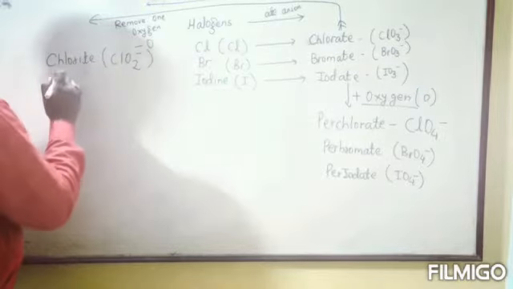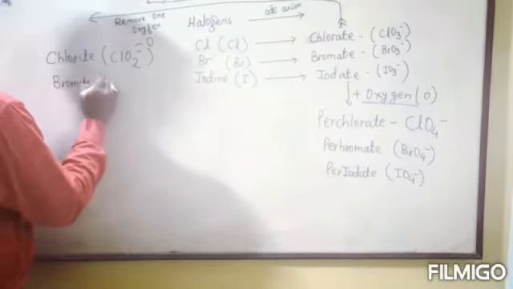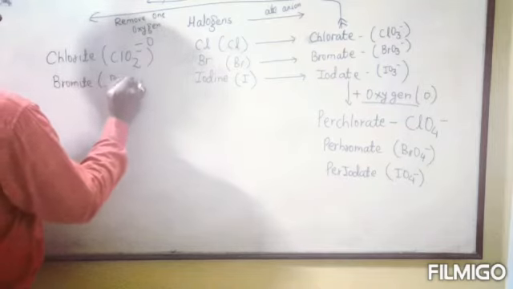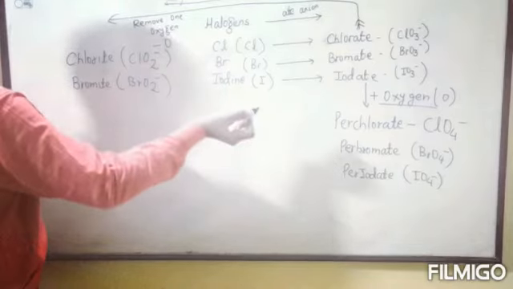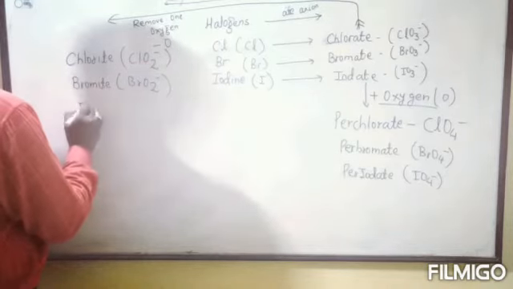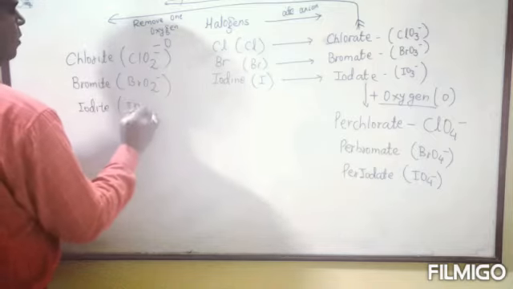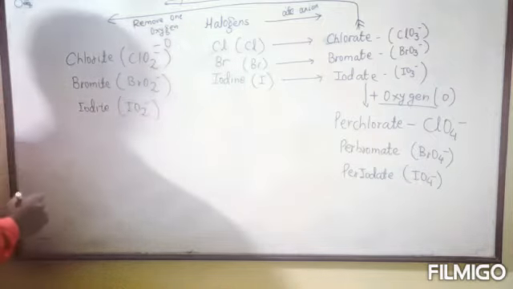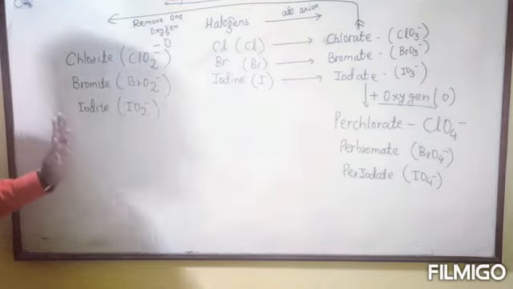Bromate will convert into bromite. Likewise, iodate will convert into iodite.